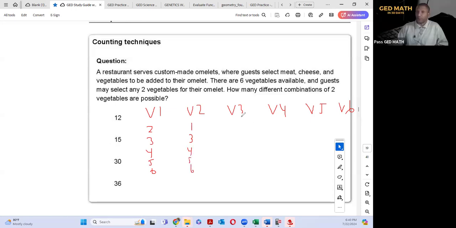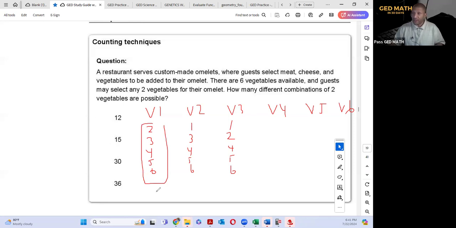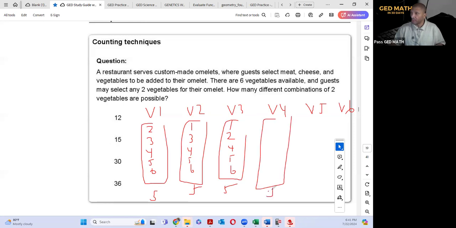If you pick vegetable 3, your other vegetable could be 1, 2, 4, 5, 6. Do you understand how I'm doing that? So now what you see is 1, 2, 3, 4, 5. Each time there's 5 of them you could choose, right? 5 and then 5. 5, 10, 15, 20, 25, 30.